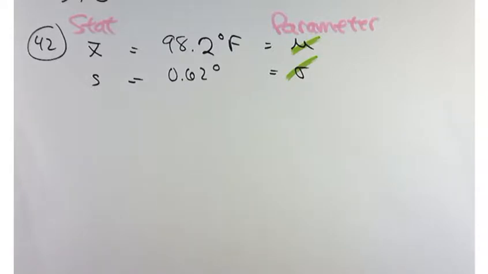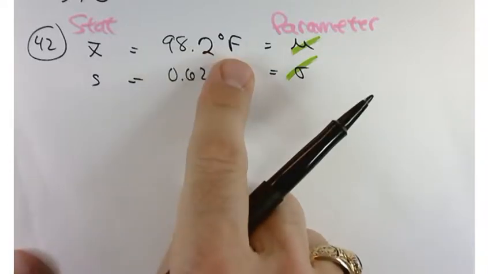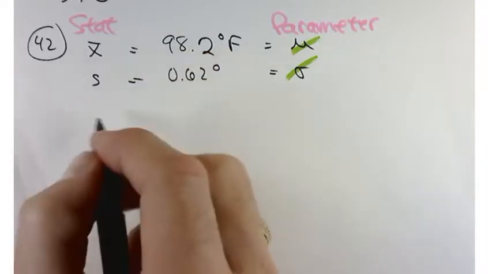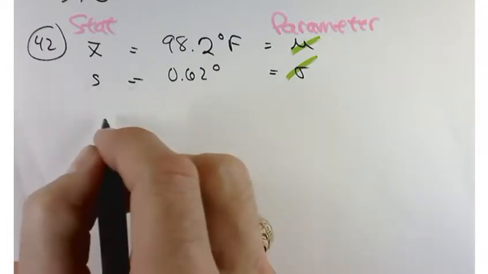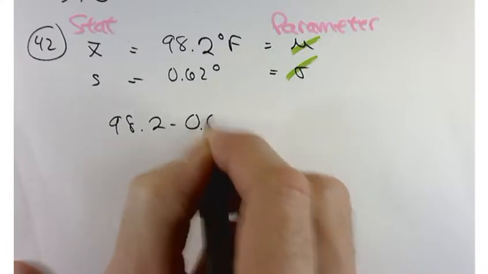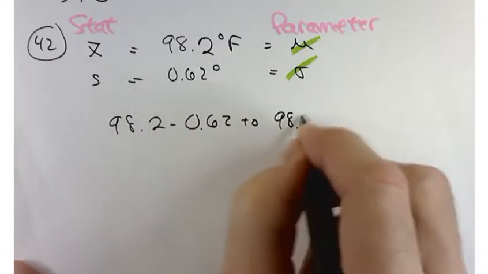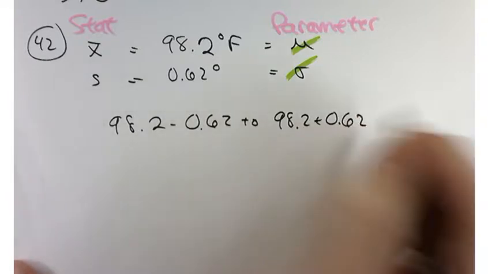and let's find out what range of body temperatures represents one standard deviation away from the mean. So one standard deviation away from the mean would be 98.2 minus 0.62 to 98.2 plus 0.62.